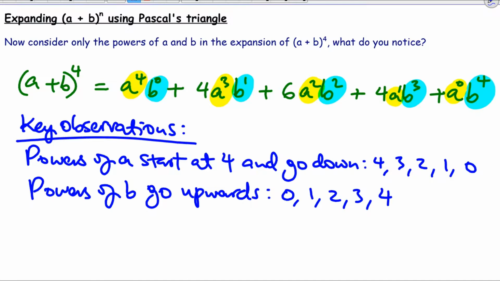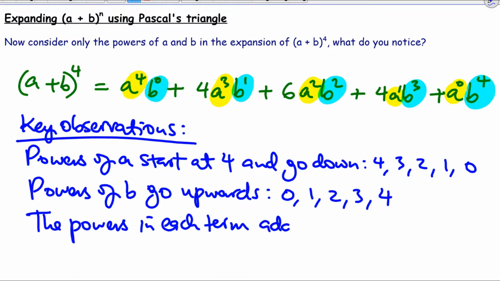So we can say that the powers in each term add up to 4, whereby 4 is the power of the binomial, what n is. Of course, we had (a + b)^4, and we can notice that in each term, the powers add to that.